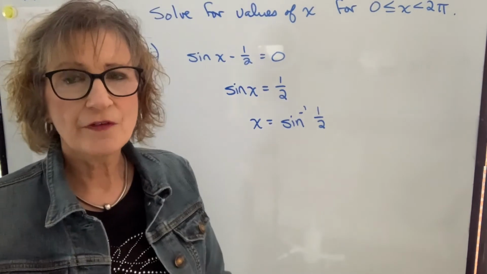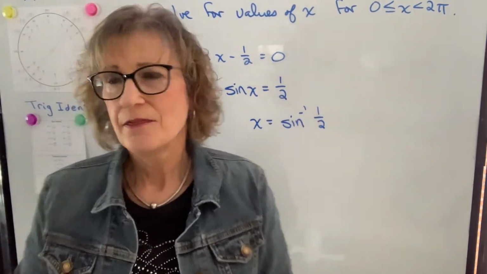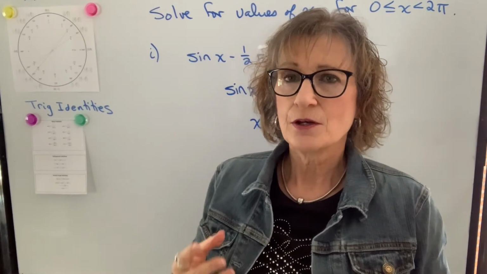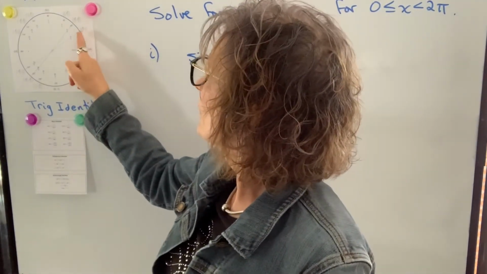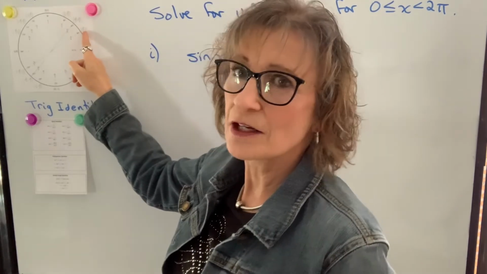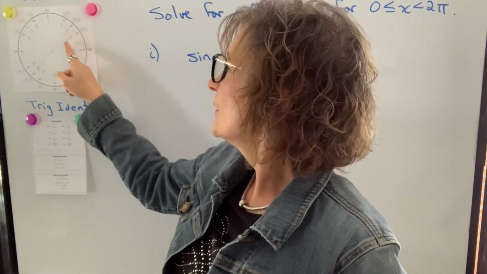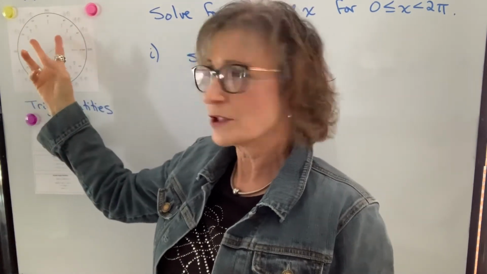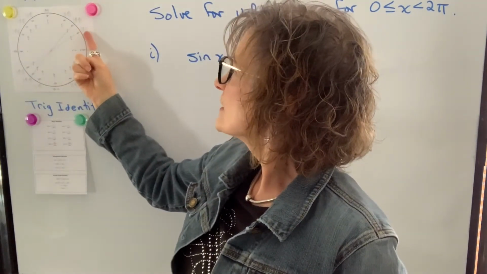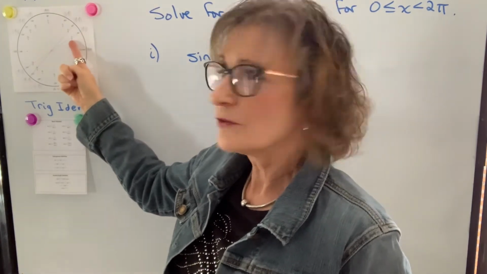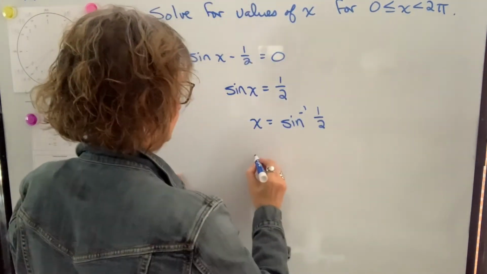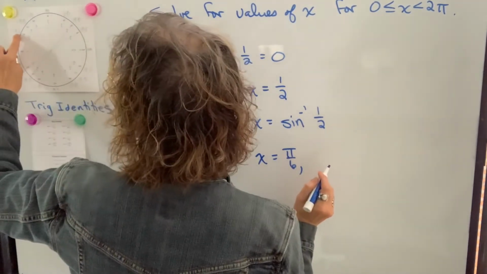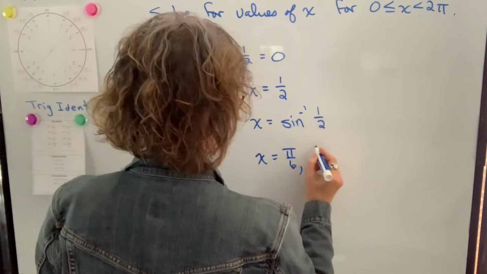Whenever you get a value for sine or cosine that is on your unit circle, you're not going to need to use your calculator. Remember, the coordinate for the sine function is the second coordinate. So we know that sine is positive in quadrant 1 and 2, so we're just going to look at those two quadrants. Where is the sine value 1/2? The first one is pi over 6. And then the second one will be 5 pi over 6.